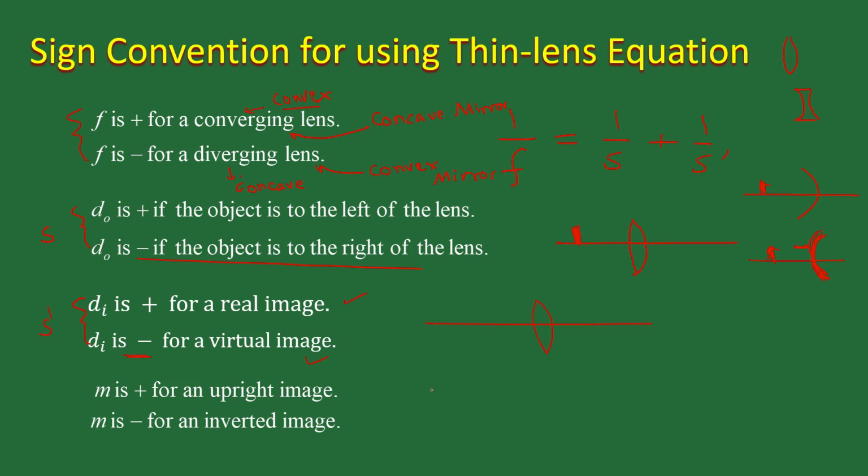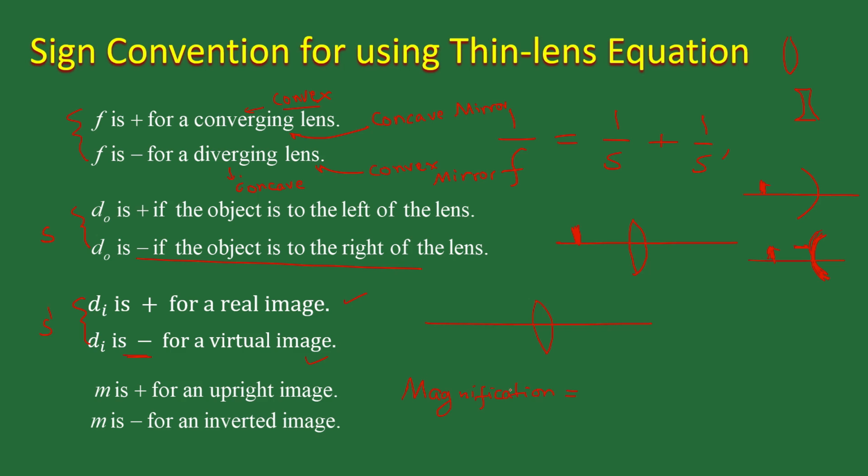Now there's another very important term that we often use in lenses and mirrors, which is called magnification. So let's define magnification. Magnification is basically how big or how small the image is with respect to the object, whether the image is magnified or diminished.